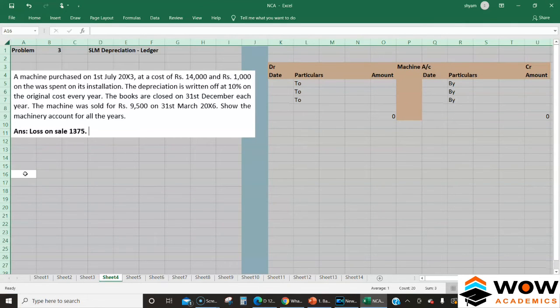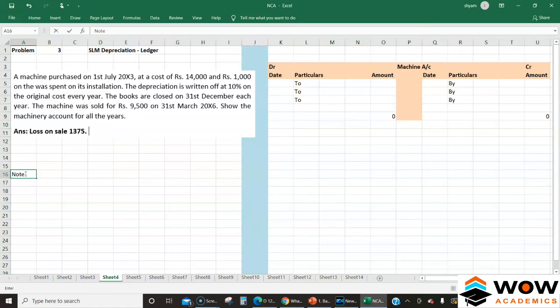Note: if the depreciation is on the original cost of the asset, then this equals the SLM, the straight line method of depreciation.